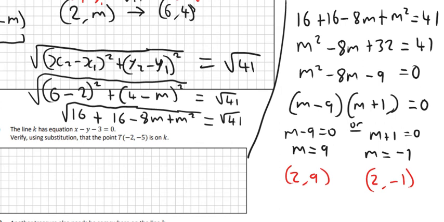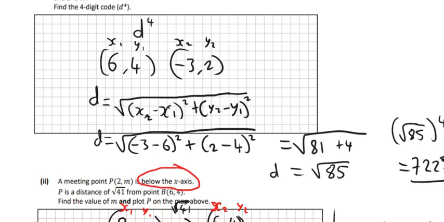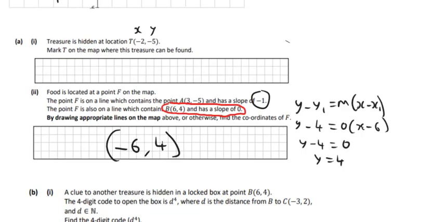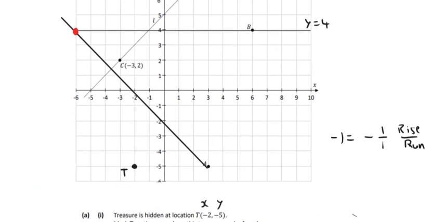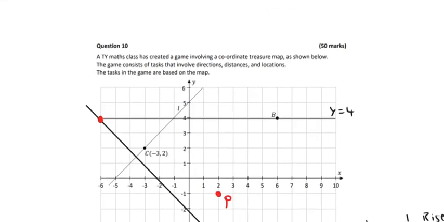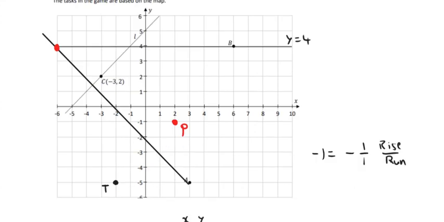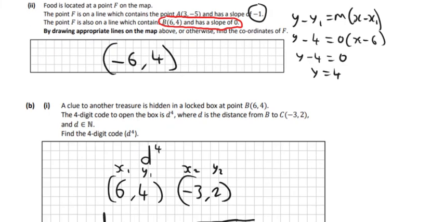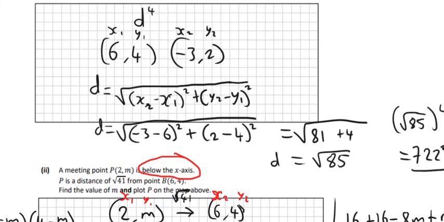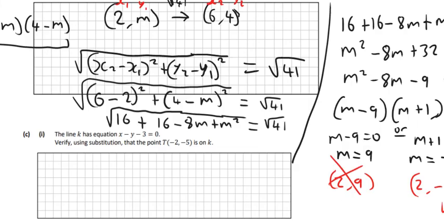You can see clearly here that it's going to be the 2, minus 1. So the point 2, minus 1 is here on the diagram, so that's P, because 2, 9 would have been up past what's on the diagram there. So it would definitely be above the x-axis. So this one is below the x-axis. So that's the point plotted.